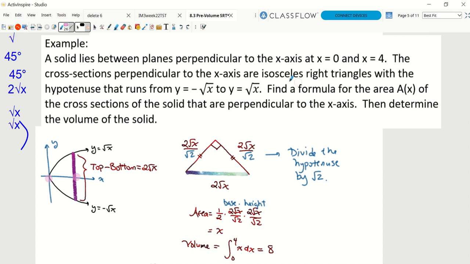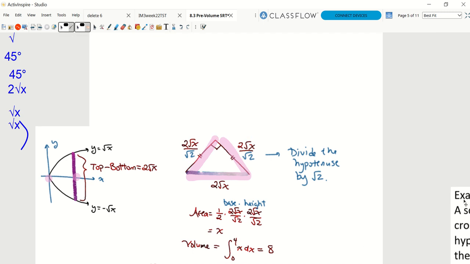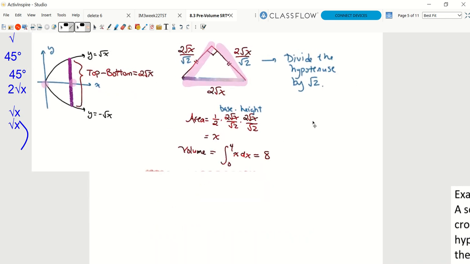Okay. We have an isosceles right triangle. Do you agree that's an isosceles right triangle? I'm going to take this text box out of the way so that I can blow this up and make it bigger. Right here.